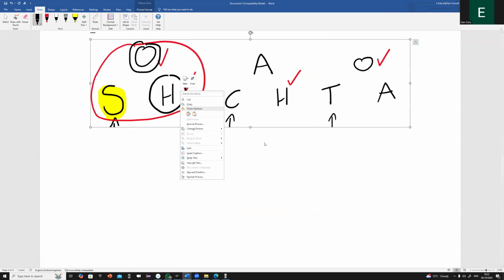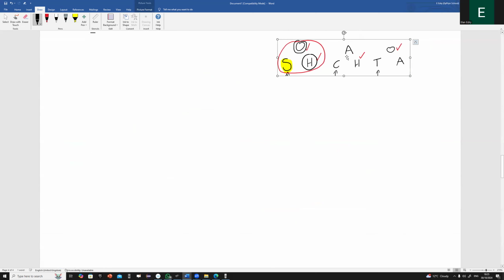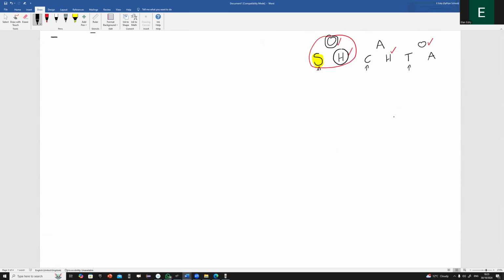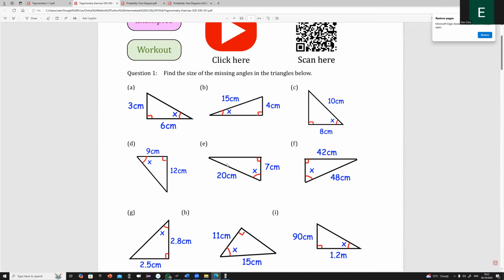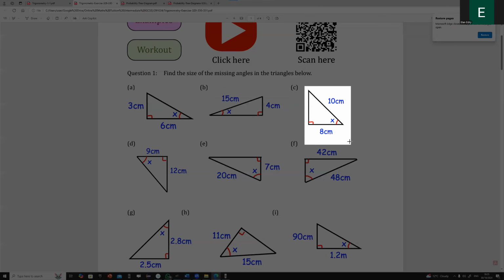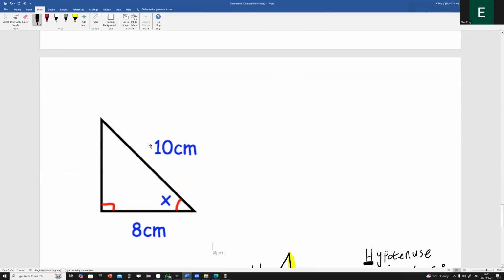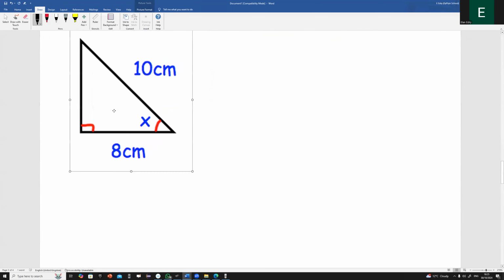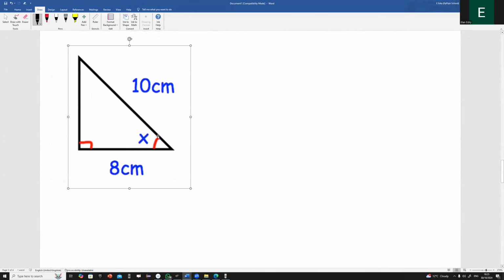Okay, so I'll just pop SOHCAHTOA back up here. Again, I'll say find X, but this time I'll use one of these ones. Let's change this one. Okay, so I want to find the angle X for this triangle.